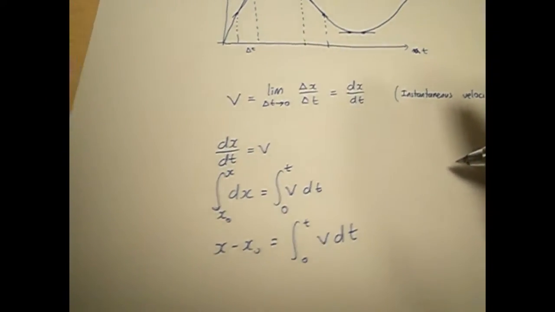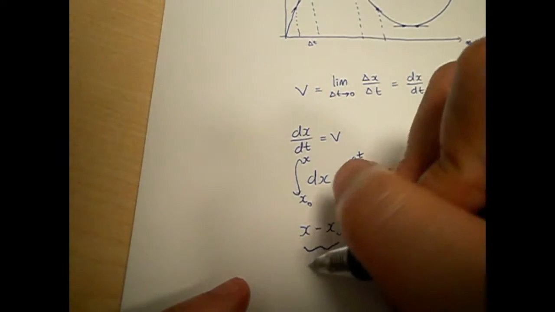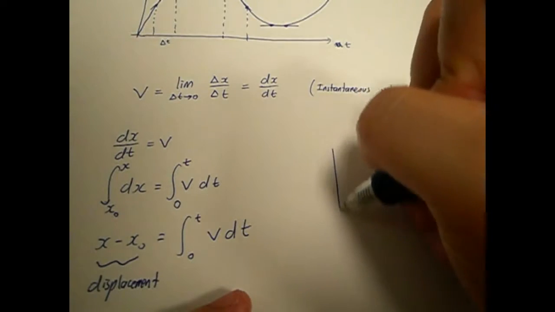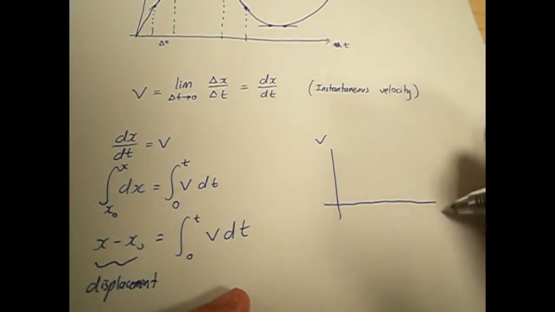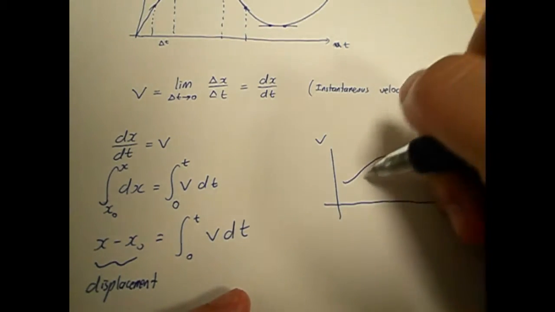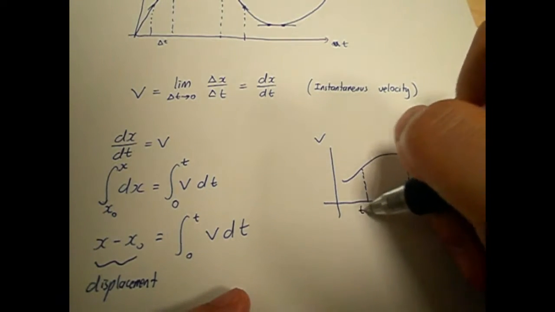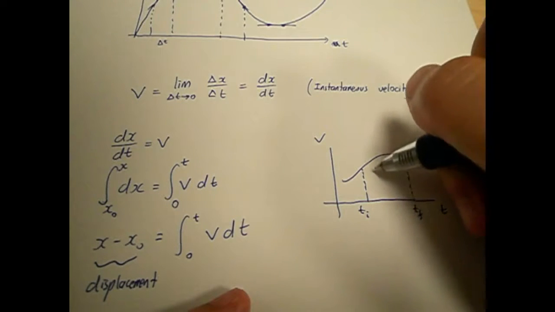In other words, this is the displacement of the object. As we recall from mathematics, integration is the area under a graph. So we conclude that given a graph of v against t, displacement is the area under the vt graph for that time interval.